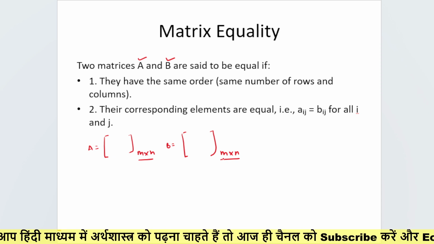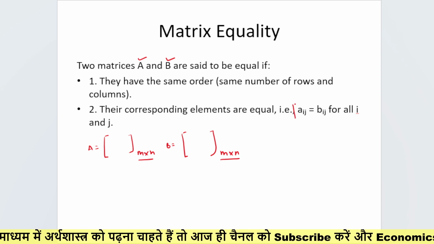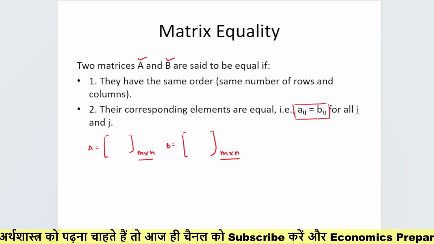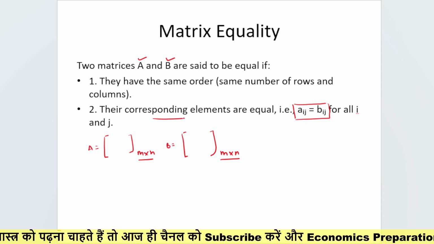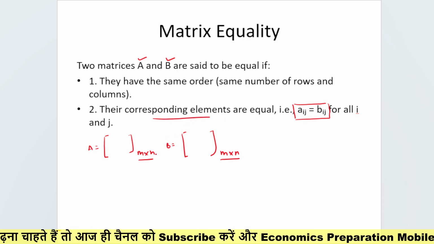If this happens, then only we can say that each element of the first matrix will be equal to its corresponding element of the other matrix.